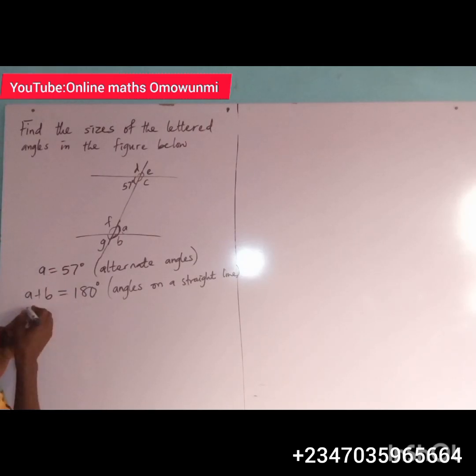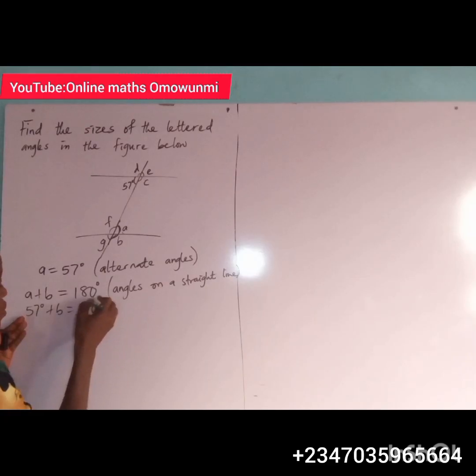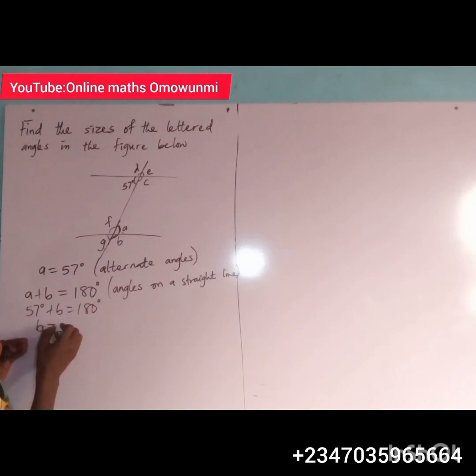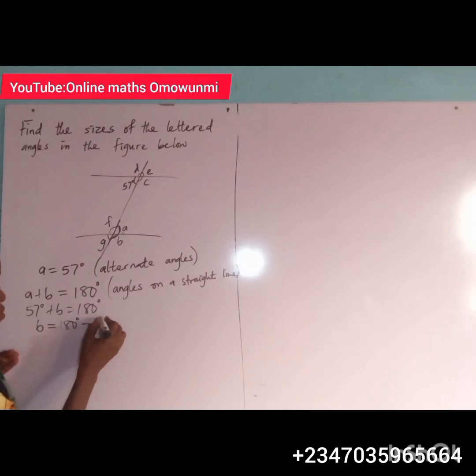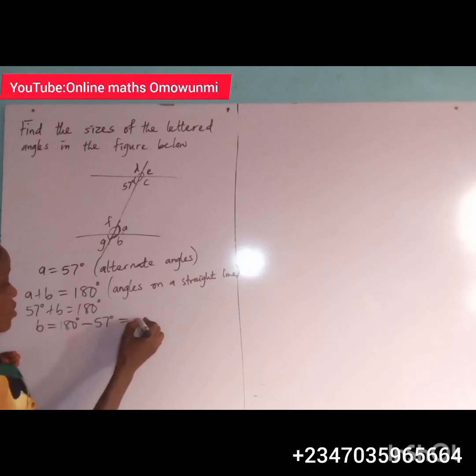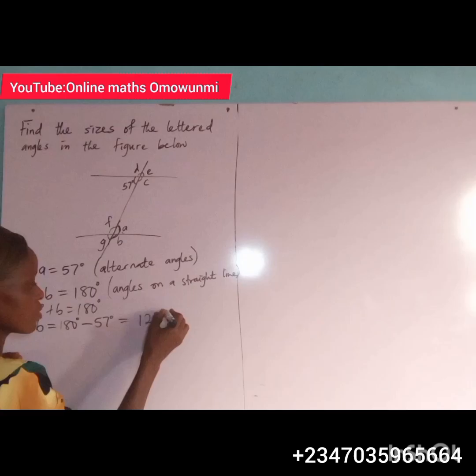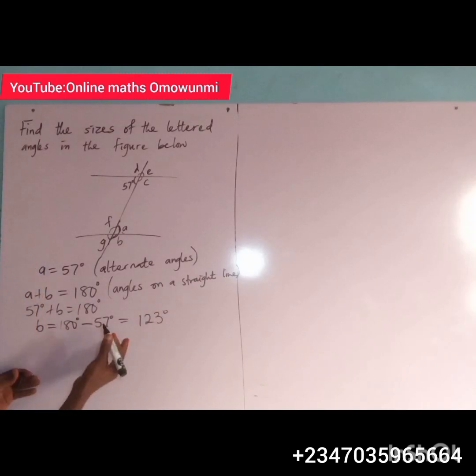We already know our A to be 57 degrees, plus B equals 180. You collect like terms: 180 degrees minus 57 degrees will give us 123 degrees. We find our B now.